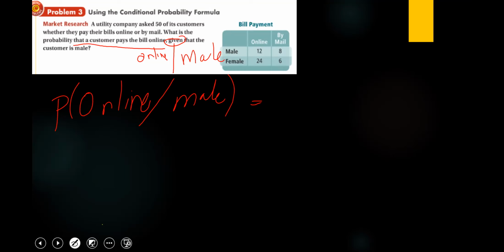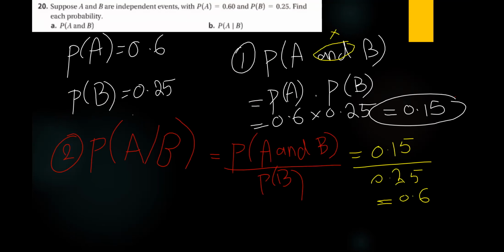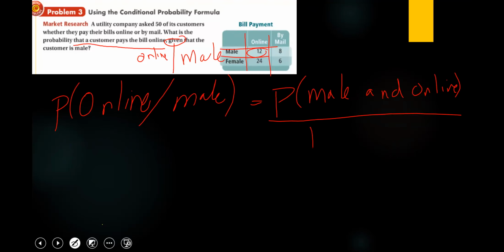It is the probability of male and online over the probability of male. What is the probability of male and online? 12.